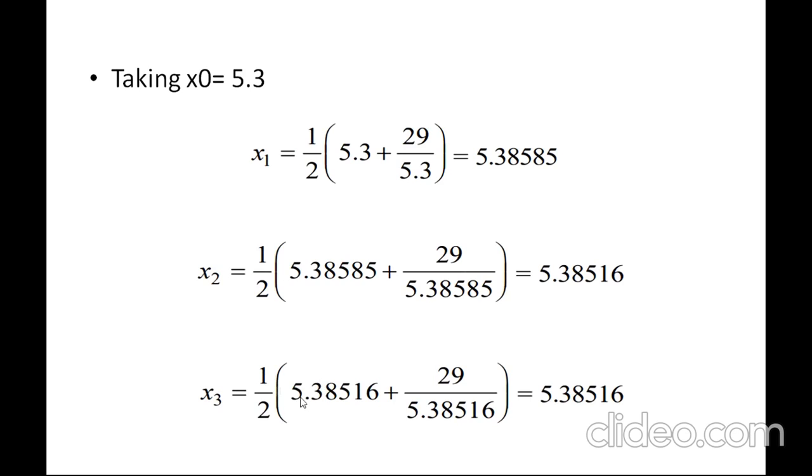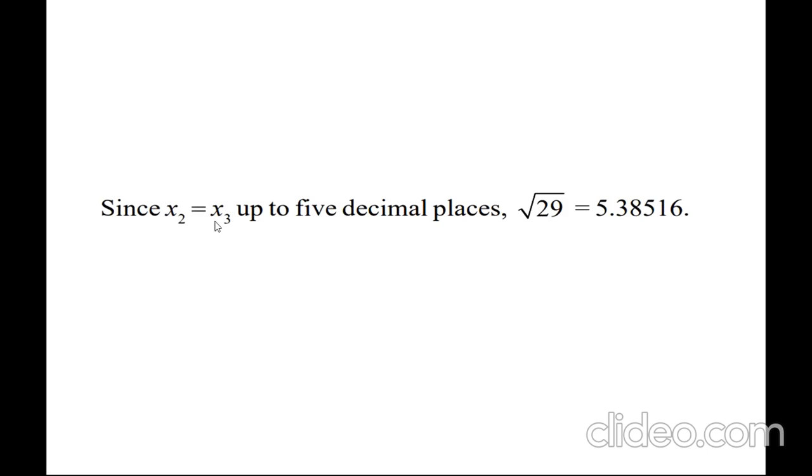I will get 1 by 2 into (5.38516 plus 29 upon 5.38516), which gives me the answer same as that of x2. So x2 and x3 are same. So we can say this is the answer. As x2 and x3 are same up to 5 decimal places, we can say root of 29 is equal to 5.38516. So this is the answer by Newton-Raphson iterative method.